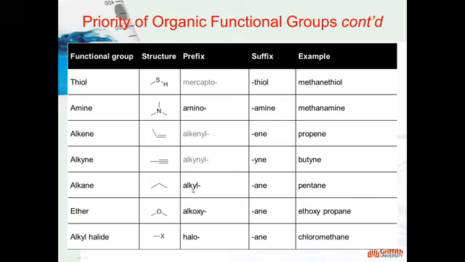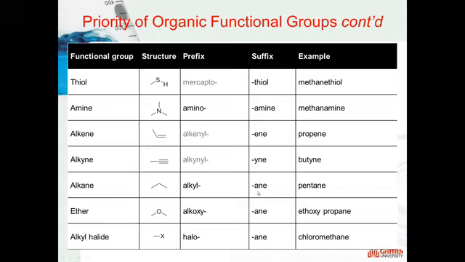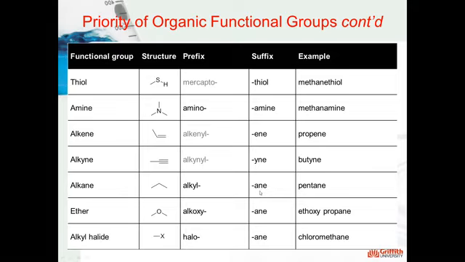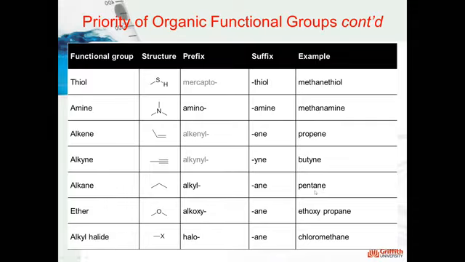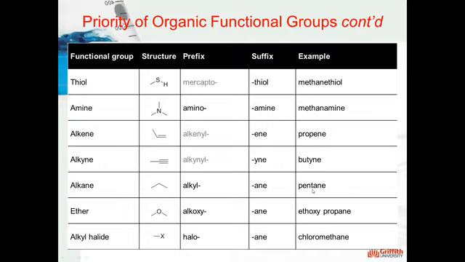For alkanes, so carbon-carbon single bonds, if it's a side chain, then it might be an ethyl, methyl example. The suffix for alkanes is -ane, so pentane is a hydrocarbon with 5 carbons and single bonds.